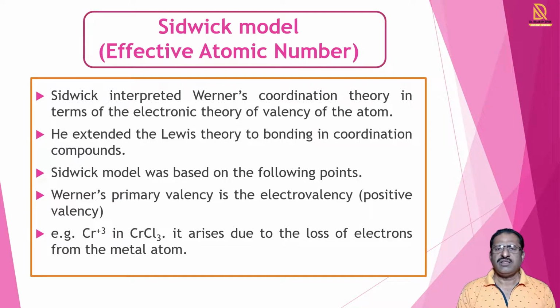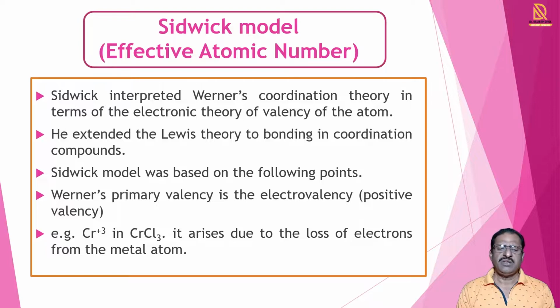This model is based on different postulates. Sidgwick explained that Werner's primary valency is the electrovalency. Werner's primary valency is the positive valency, and he gave it the name electrovalency.